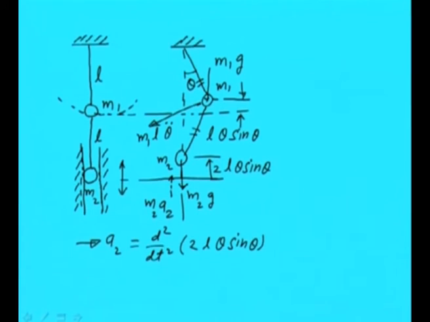So we will neglect this acceleration and the inertia force, and only consider the gravity forces and the inertia force due to this term for calculation of the virtual work done.